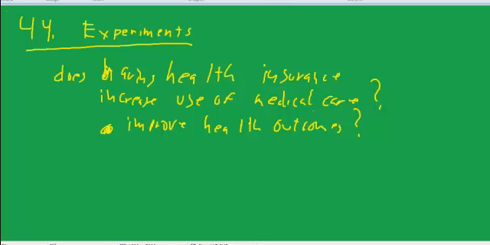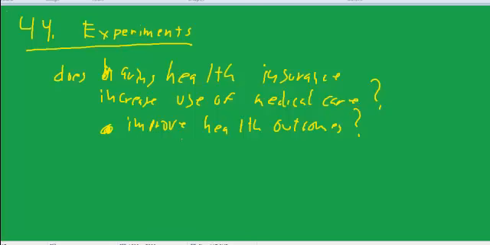One is you can go out and find people who have health insurance and don't have health insurance, and compare them in terms of medical care and the quality of their health. The other way is you can randomly give some people health insurance and others no health insurance, and then compare after a while their use of medical care and improvement in health outcomes.